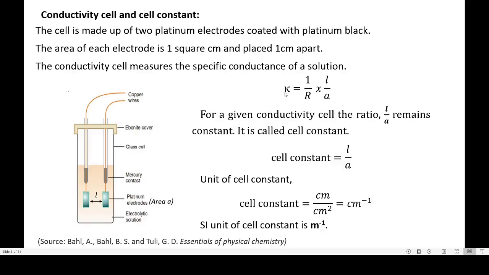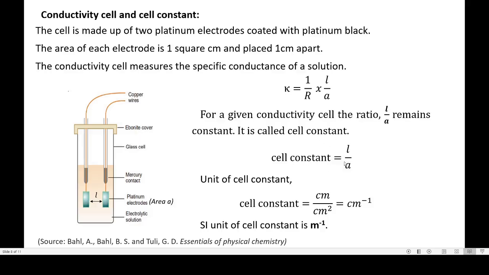This conductivity cell measures the specific conductance of a solution. So specific conductance K will be equal to 1 upon R into L upon A, and for a given conductivity cell, the distance between the electrodes L and area A will remain constant. Thus the ratio L upon A, which remains constant, is called the cell constant.